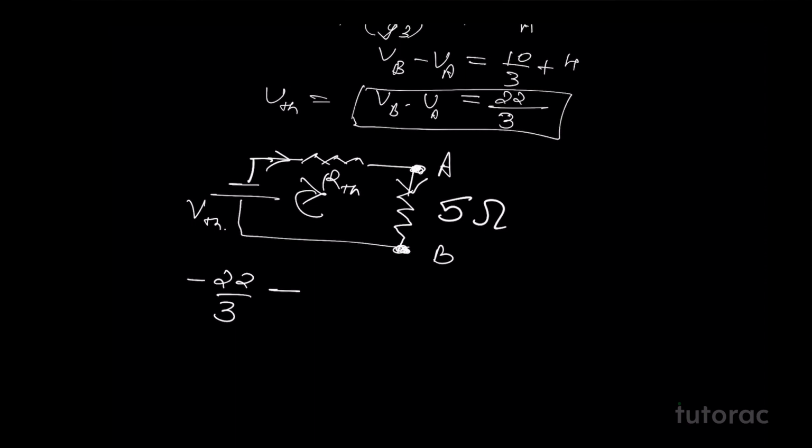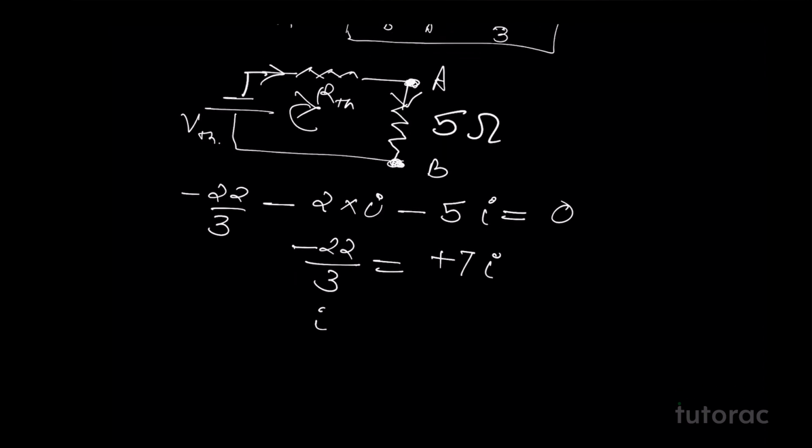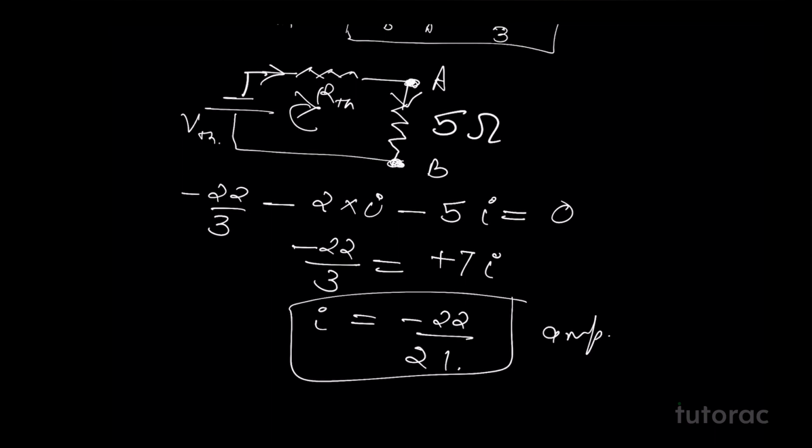So I'll get minus the loss of RTH, that is 2 into I. This is the new I, and again the loss in 5 ohms, so 5I is equal to 0. So we'll get minus 22 by 3 equals 5 plus 2, that is 7I. So we'll easily get I equals minus 22 upon 21 amperes. This is the way you can solve a complicated circuit using Thevenin's theorem.